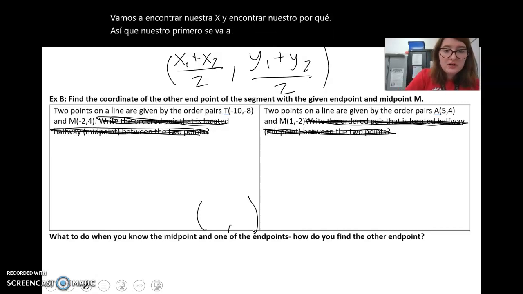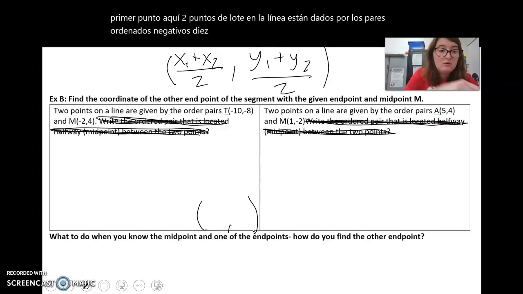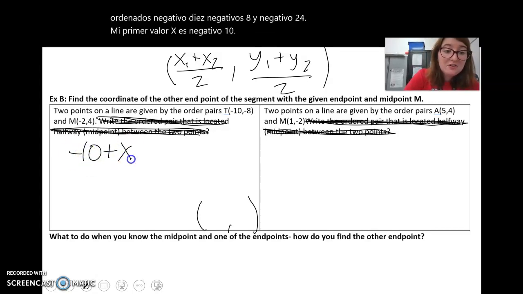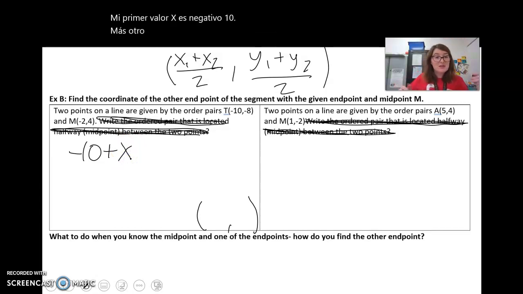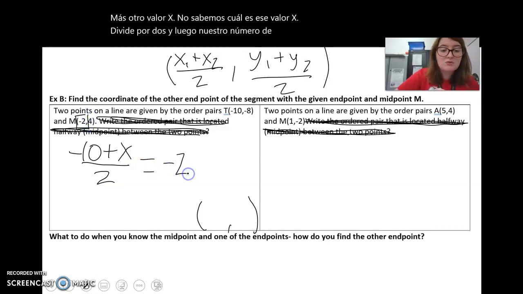So we know that two points on the line are given by the ordered pairs -10, -8, and -2, 4. My first x value is -10 plus another x value. We don't know what that x value is. Divide by 2, and then our midpoint number for x is -2.